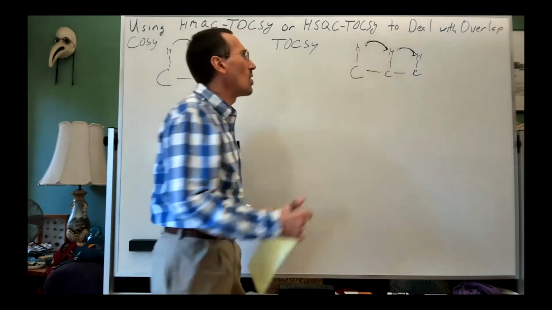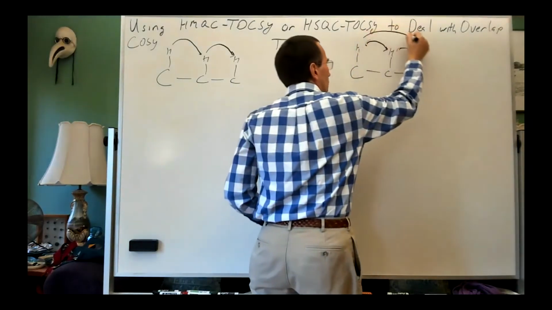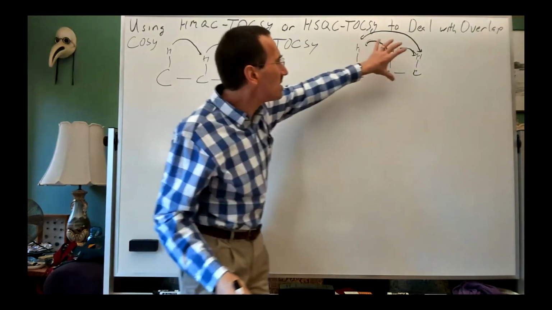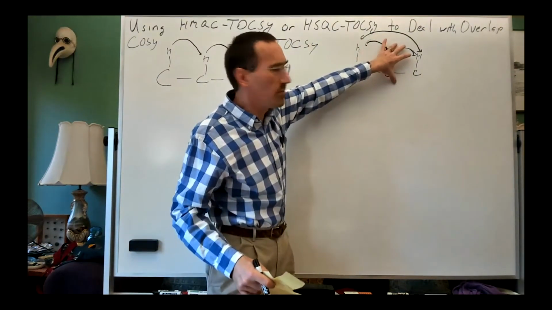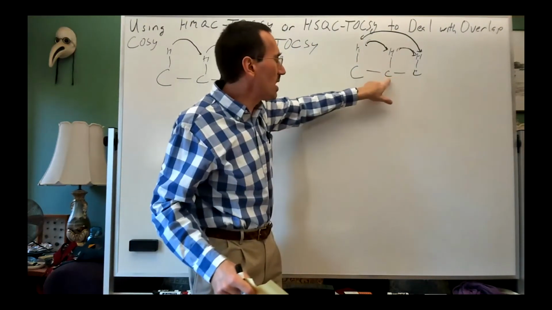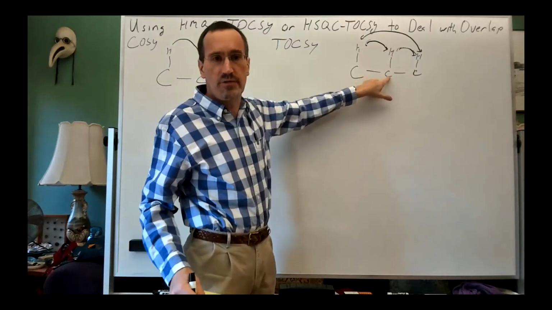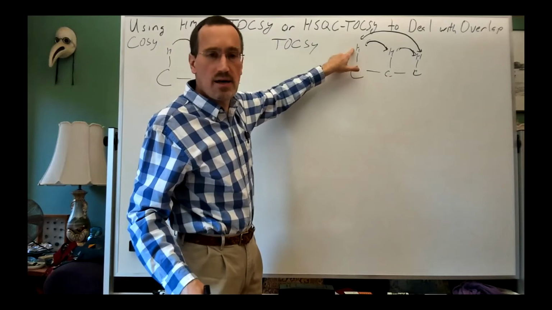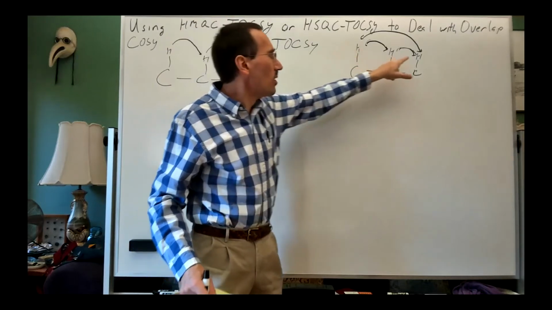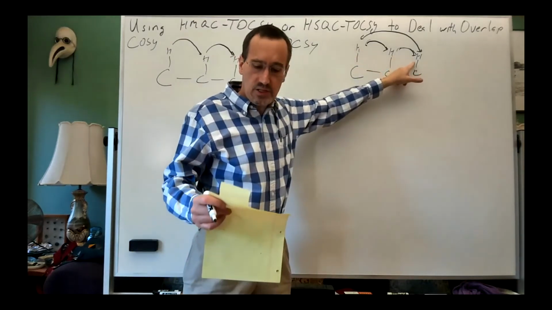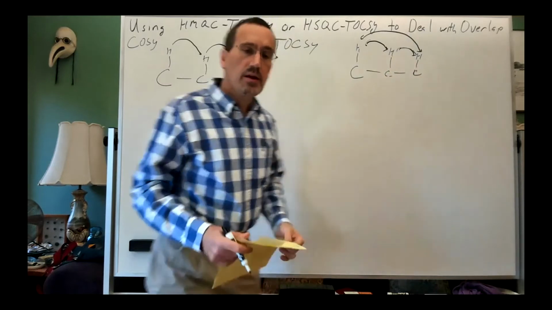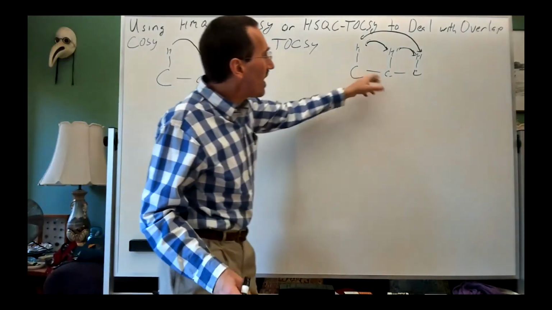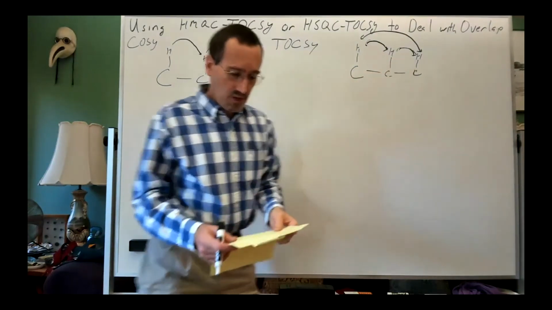So we still are walking through the spin system and we can get cross peaks, which means if this proton was in a little bit of a muddle, if this proton was overlapping with a bunch of other stuff, you could still correlate the proton attached to this carbon with the proton attached to that carbon. But you're still having to deal with having something that's exposed.